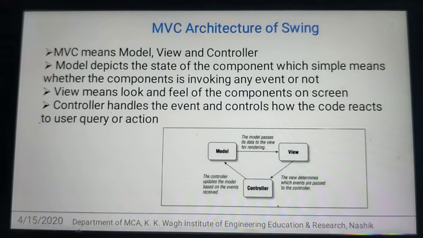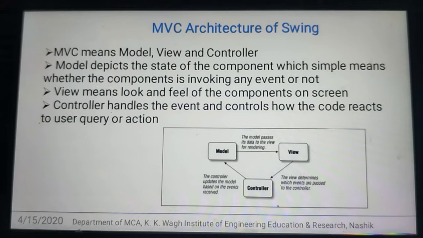In MVC, M stands for model, V stands for view, and C stands for controller. Each of model, view and controller has its own functionality, and based on that functionality this architecture performs its task. Let's discuss the roles of these three components. The model represents the state of the component. That means whether the component is placed and when to invoke a particular event can be checked by the model.